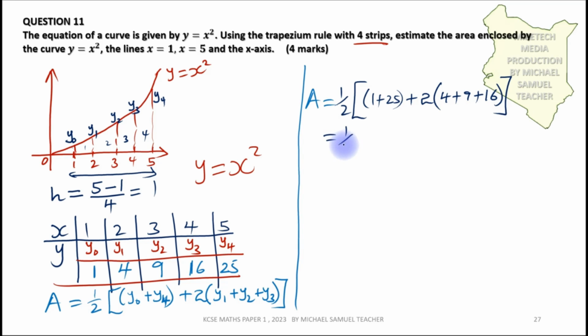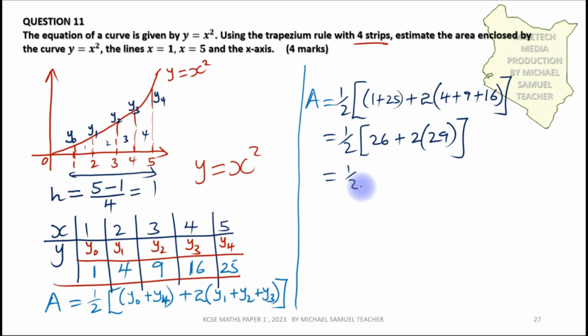Therefore, this will be a half times 1 plus 25, that is 26, then plus 2 times the bracket 4 plus 9 plus 16, that is 29.